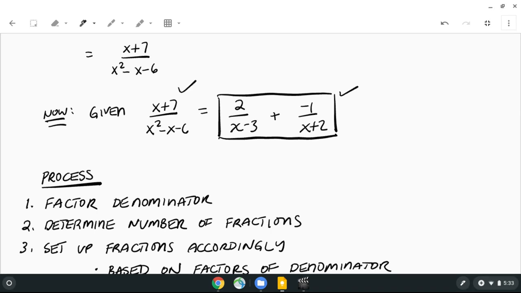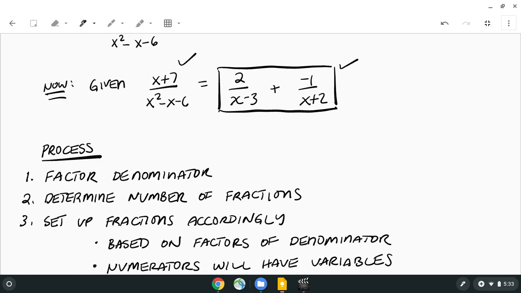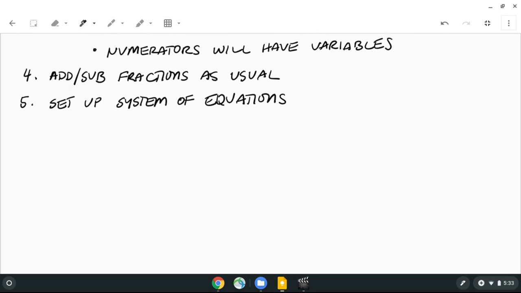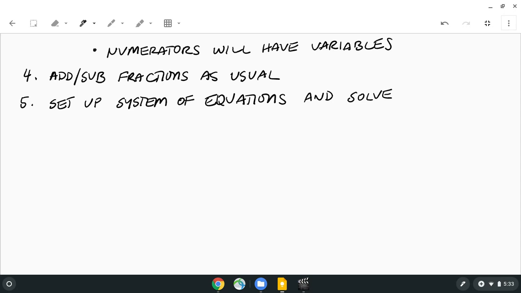That's why we want to be able to break it down. So you're going to set up your system of equations and solve. These steps will make a little more sense once you see some examples done.